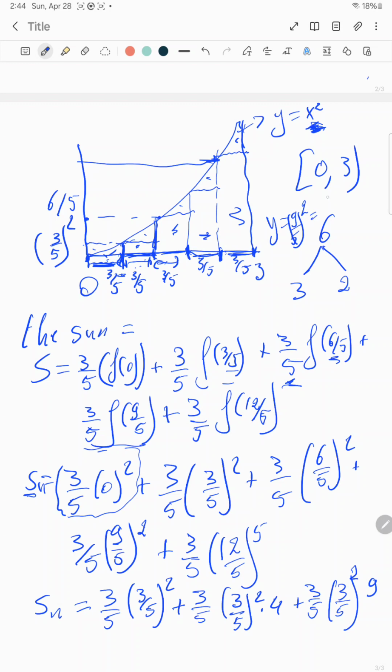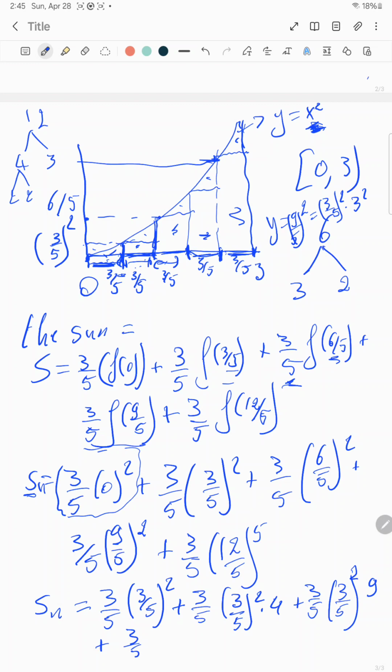It becomes 3 over 5 square times 3 square, and the 3 square is 9, plus 3 over 5, and the 12, let's do it here, and I will erase it after. 12 is 4 times 3, and the 4 is 2 times 2.